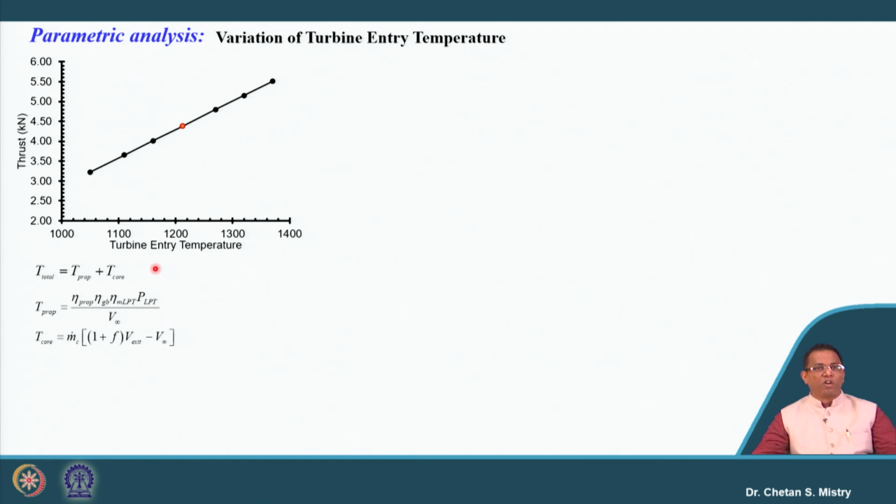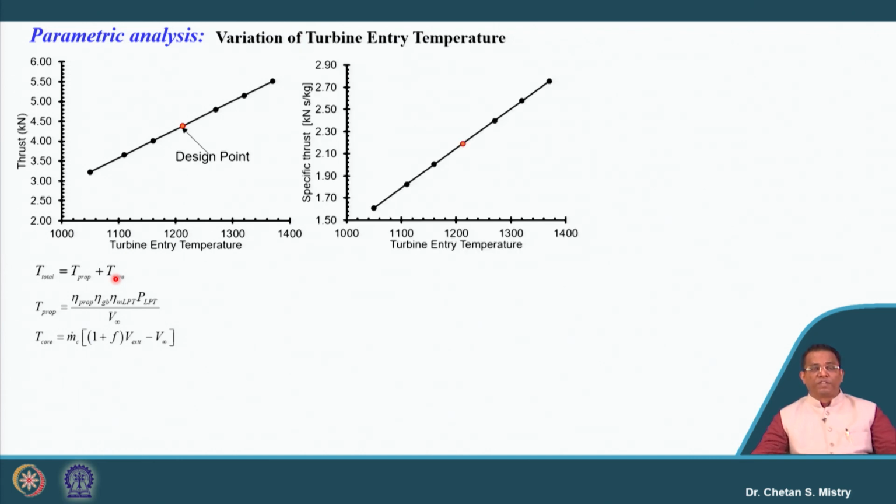With increase of turbine entry temperature, we will have the rise of the thrust, and this rise of the thrust is correlated with both the thrust generated by the propeller as well as the thrust generated by our core engine. Same way, if we look at our specific thrust, with increase of turbine entry temperature, our specific thrust will also increase.